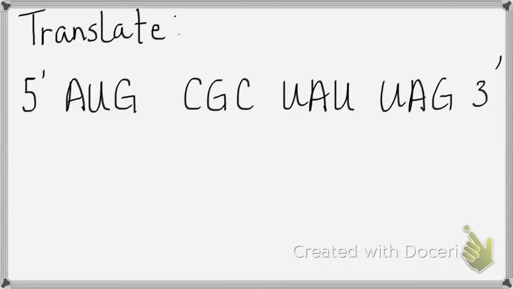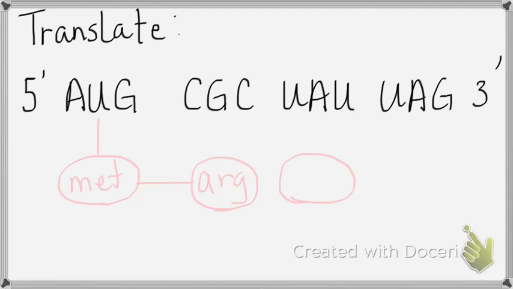Okay, what did you get for AUG? Methionine? MET? ARG? Arginine? Okay, the next one? ISO. My bad. TYR. Tyrosine.